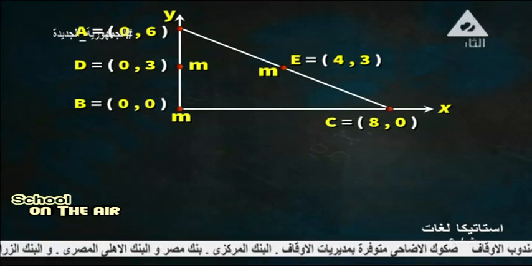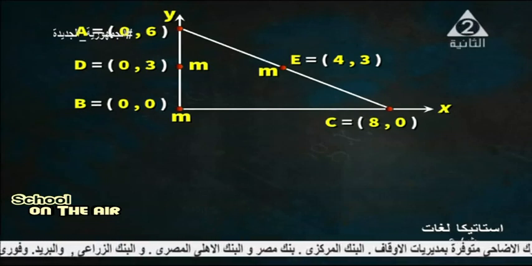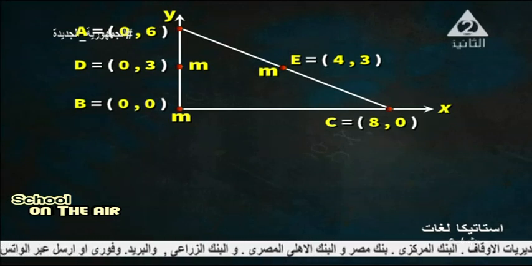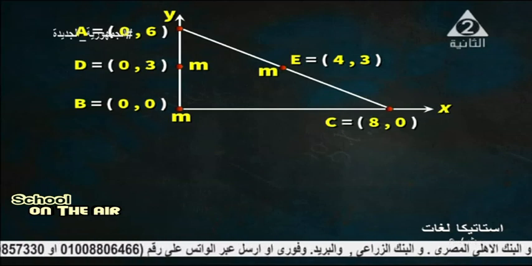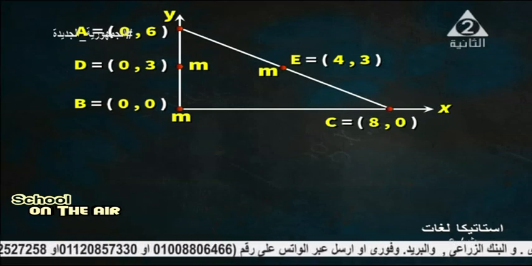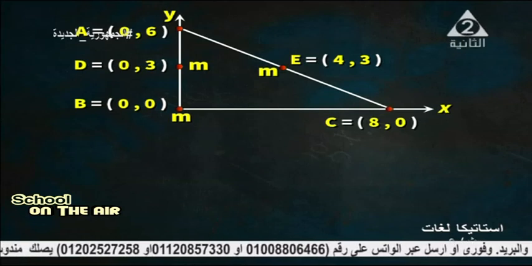First, find the midpoint E, equals 4, 3. Why? Because (x1 plus x2) over 2, (y1 plus y2) over 2. Point D is the midpoint of AB, equals 0, 3.